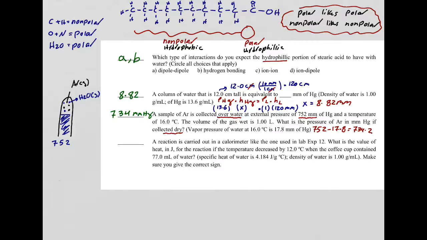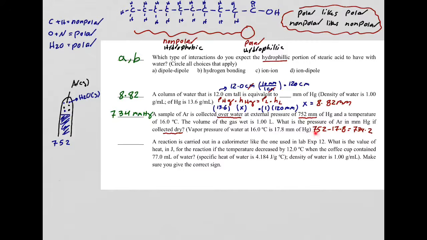Again, this is not a fancy question. You don't need PV and RT. It just says you collected over water, and this is the pressure. Because remember, this pressure is argon plus H2O, because we have both of them in there. It says, what if you hadn't collected over water? Which means you would not have the H2O gas. The contribution of H2O gas, the vapor pressure of water at 16 degrees, is 17.8.